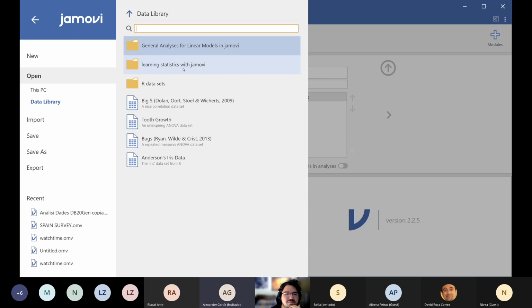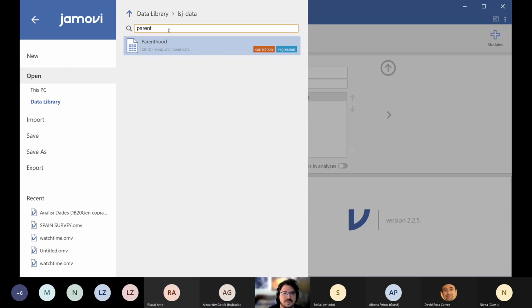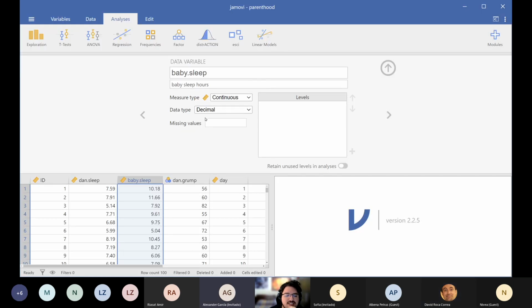Yep, it's there. I have one folder. What's the name of the file? Parenthood. Okay, let me check. Great. Thank you very much. You're welcome.